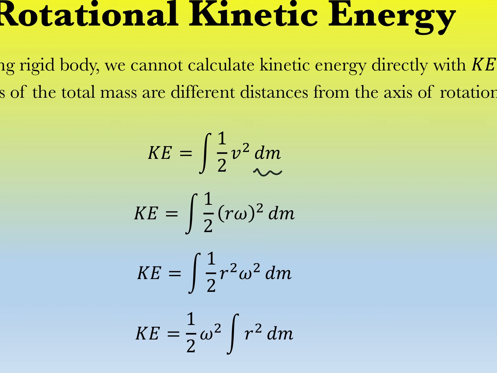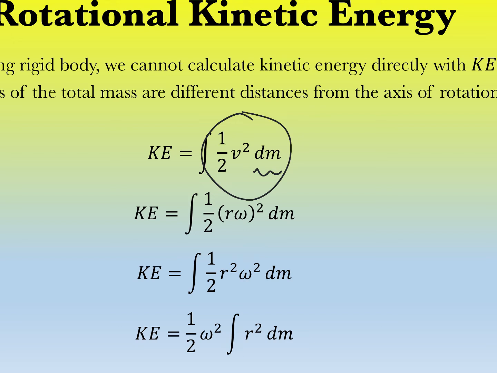So this dm is that differential of the mass as we expand outward. But we're still taking a 1/2 mv squared, just integrating from the center out to the edge.